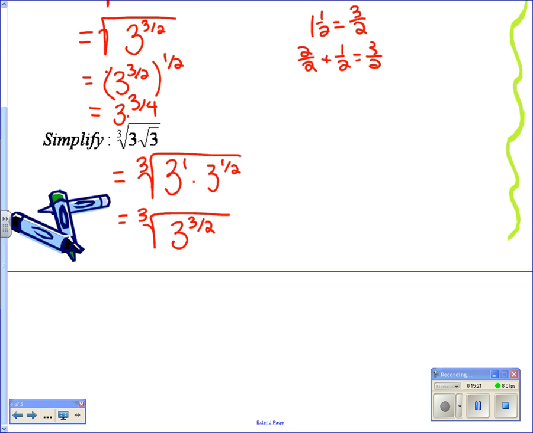They could change it to 9 times 3, but can you write 9 as 3 to the something? Can you write 9 as 3 squared? They'll do that later. But if you have one where you're multiplying, there'll always be a way to make them the same base. Any other questions so far?